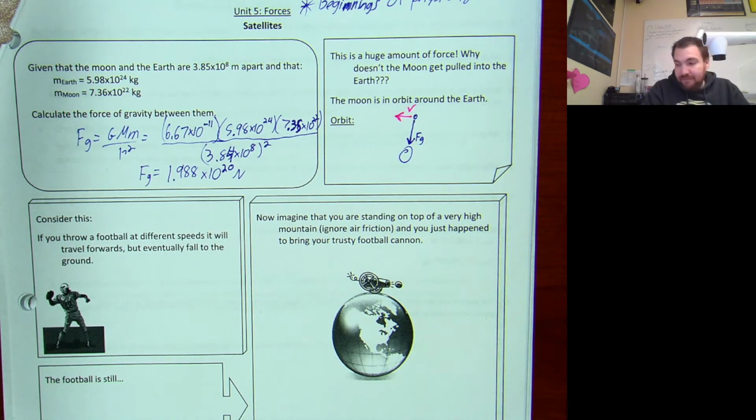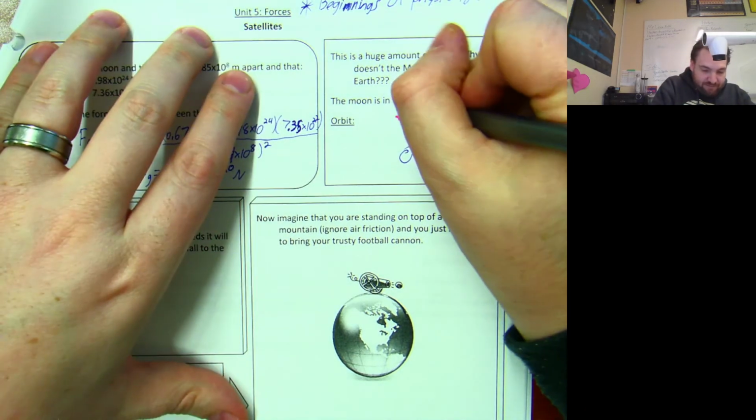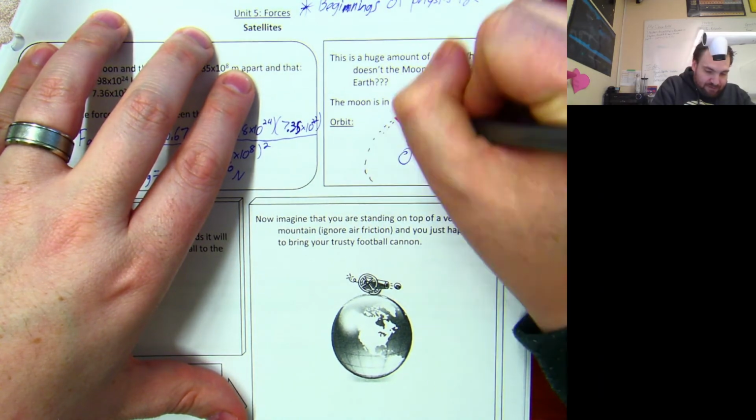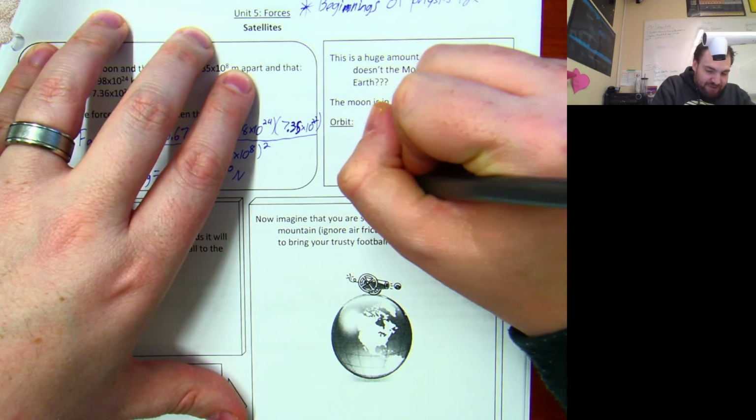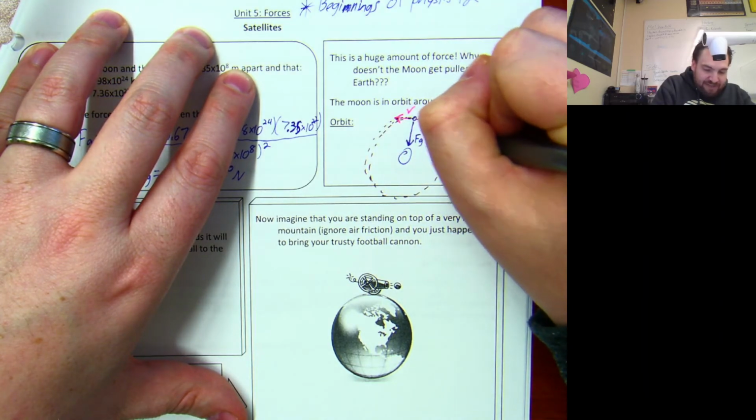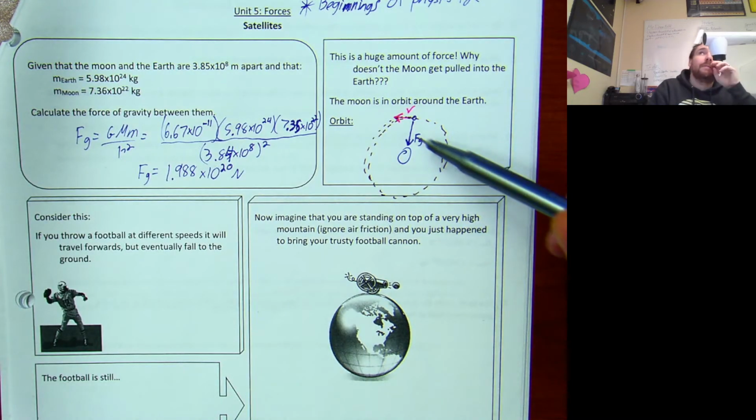So the vector of these two directions is diagonal. You've got to be careful with the vectors because there's a force there and a velocity there. You're right, those are both vectors.